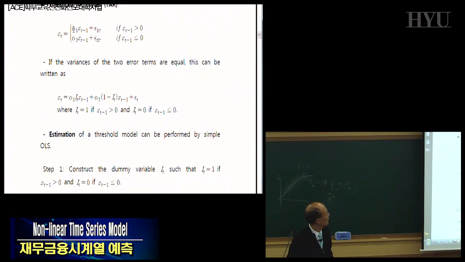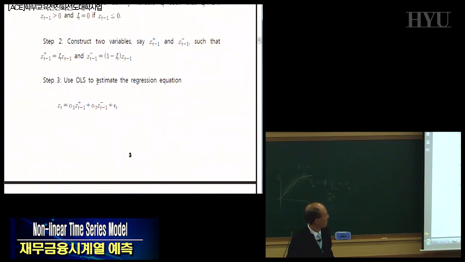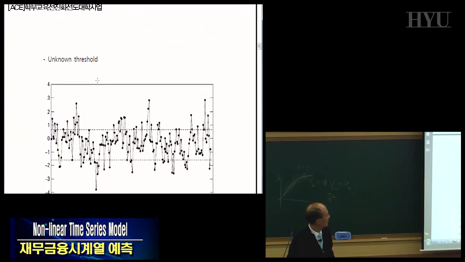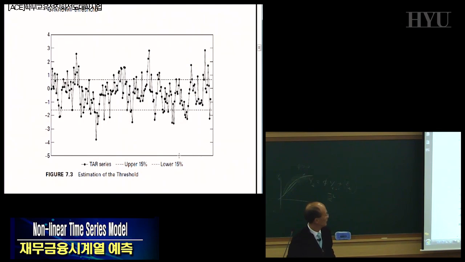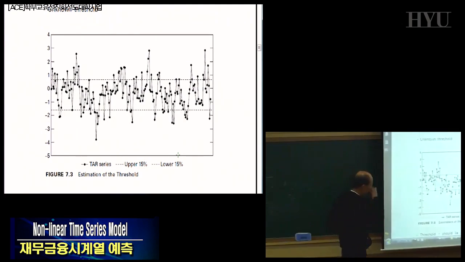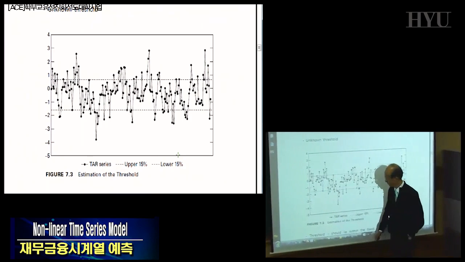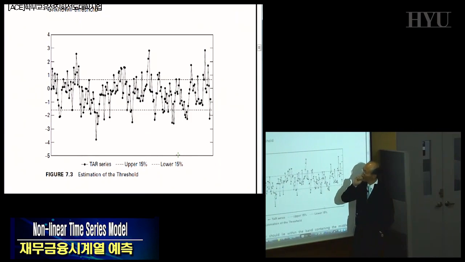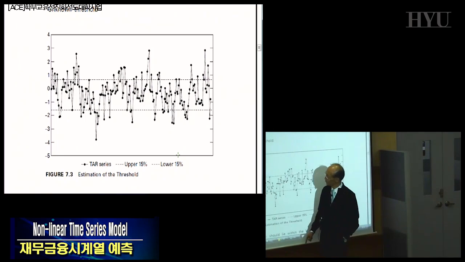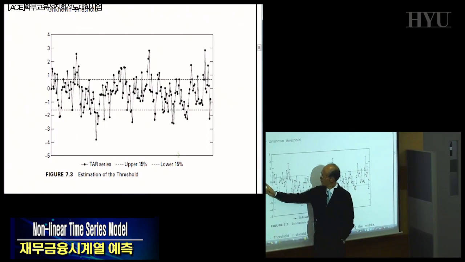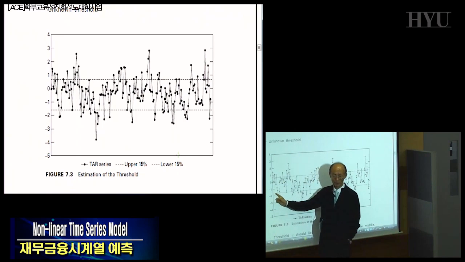Similarly, you might want to consider, let's say, an intercept term. The threshold is something like value 0, or some other value, so greater than or less than.